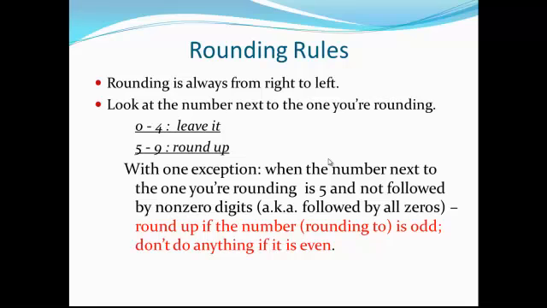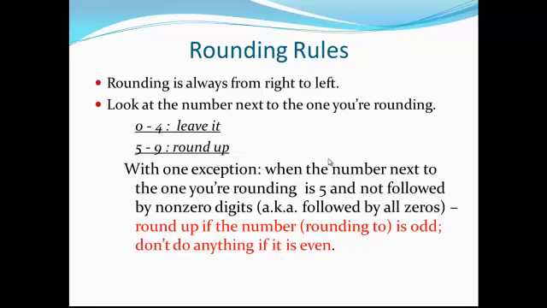One of the most challenging parts is this exception. When the digit is exactly 5, and there's nothing following that 5, you have to look at the digit you are rounding to. If that digit is an odd number, you add to that odd number. If that digit is an even number, you do not add, you drop it.